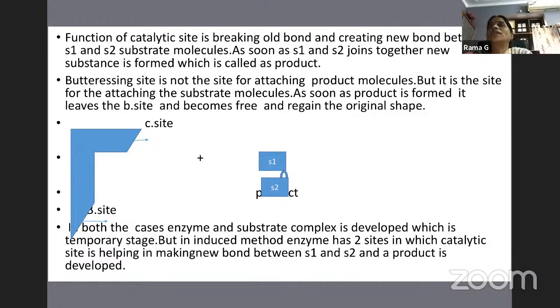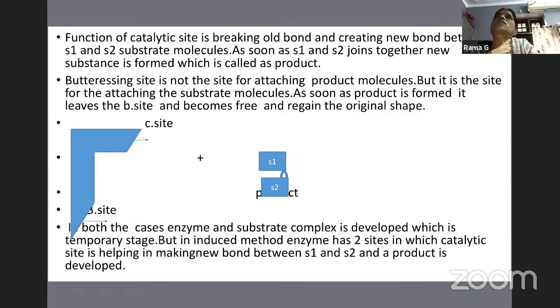The buttressing site gives the place for the substrate molecules, and after the formation of end products, it leaves them.